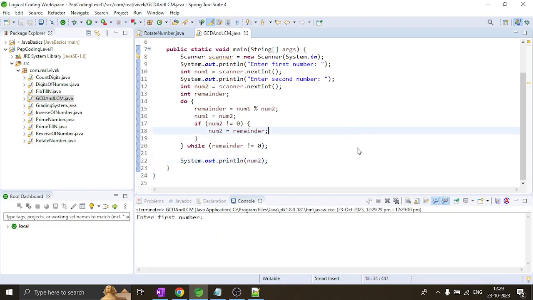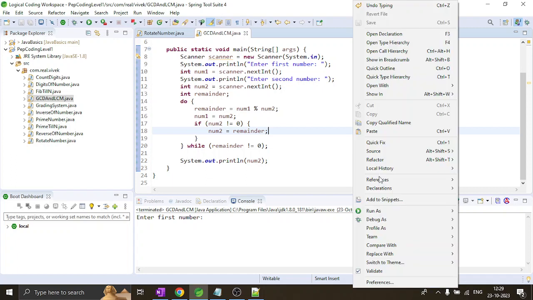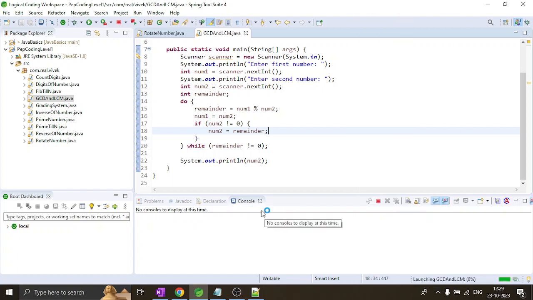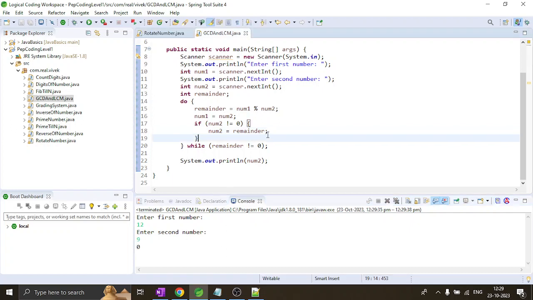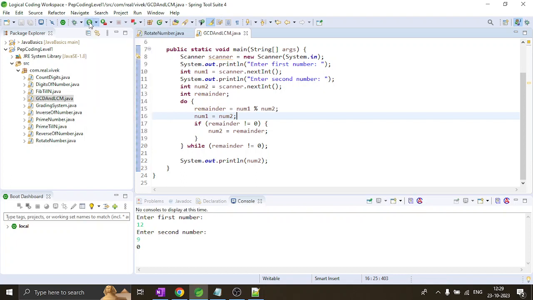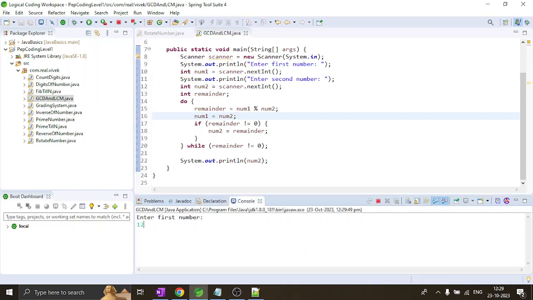Let me try to run it from here. The two numbers, let's say 12, 9. Oops, the num2 is 0. If the remainder is not equal to 0, my bad. Yep, we get the output.